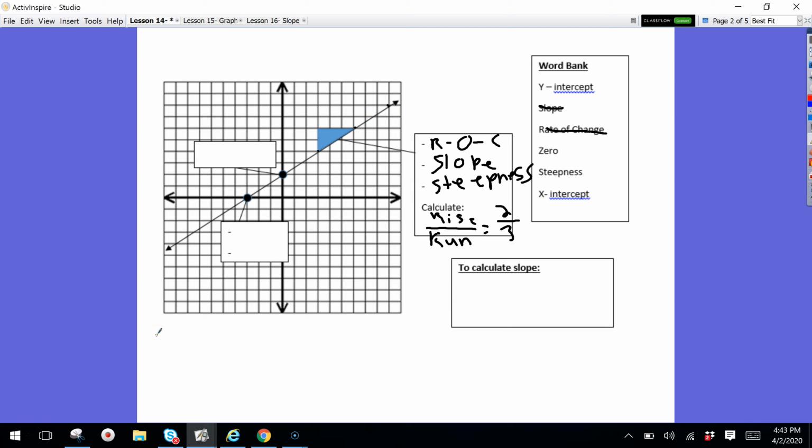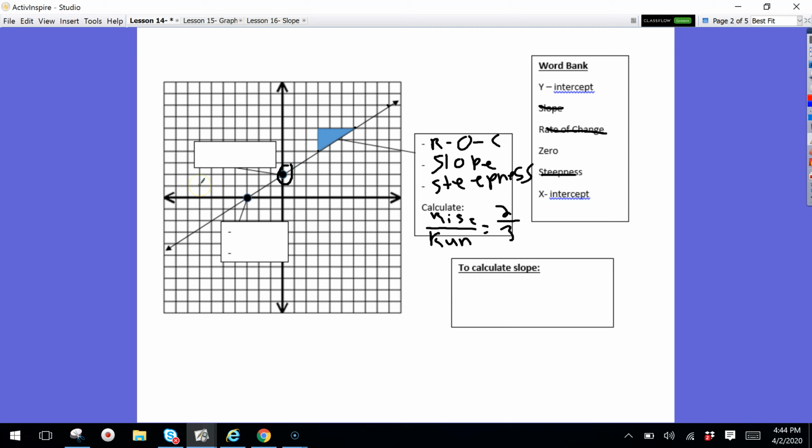It is the same. So this is obviously a very important part of the graph and what we are going to be focusing on a lot, but there are 2 other points that are also important in this graph. This point right here is the point where the line hits the y-axis.